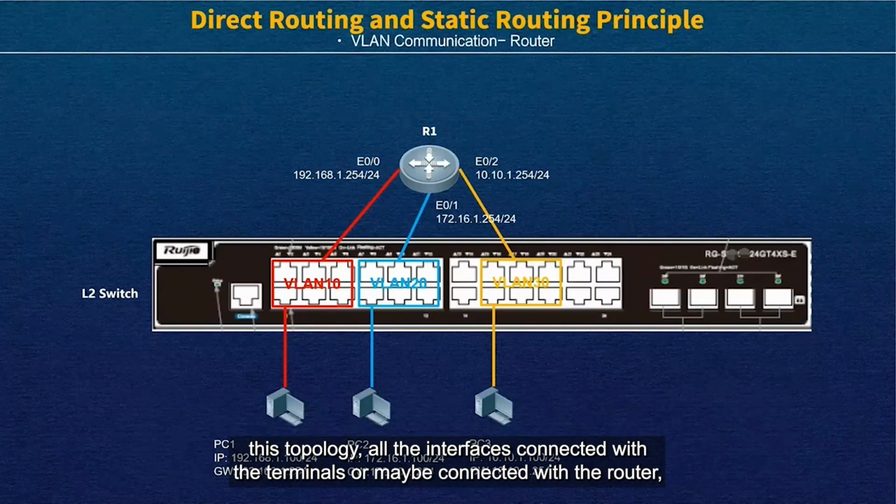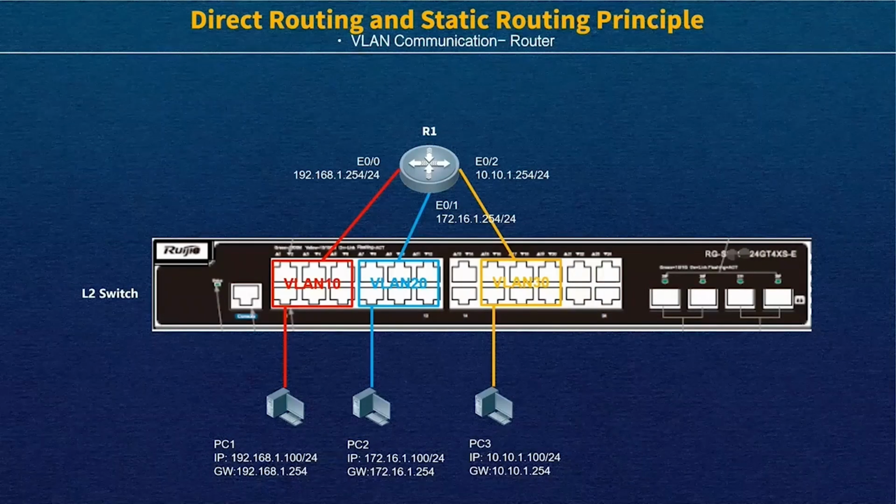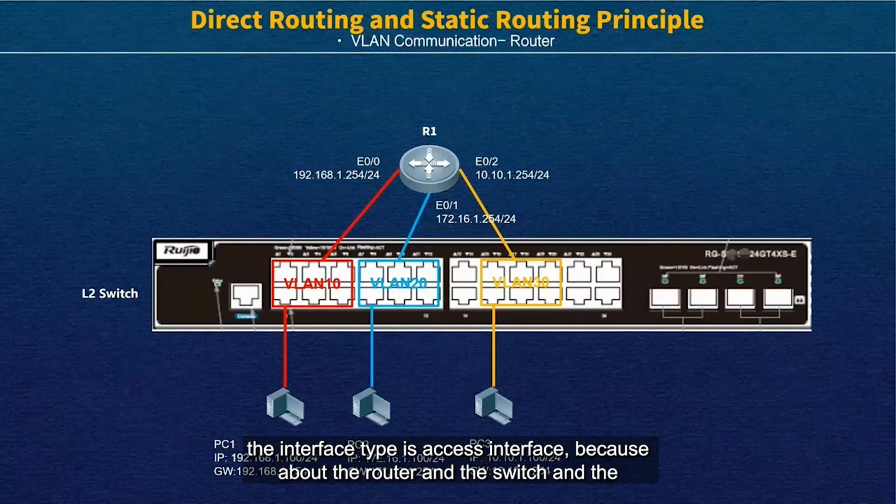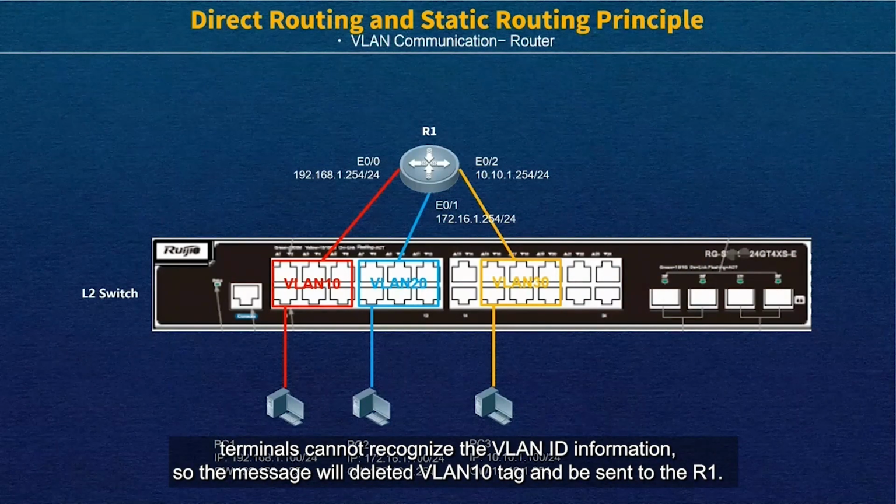And pay attention, in this topology, all the interfaces connected with the terminal or the router are access interfaces. Because the router and the terminal cannot recognize the VLAN ID information, the message will have the VLAN 10 tag deleted and be sent to R1.